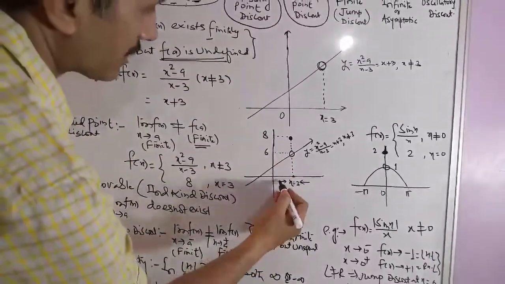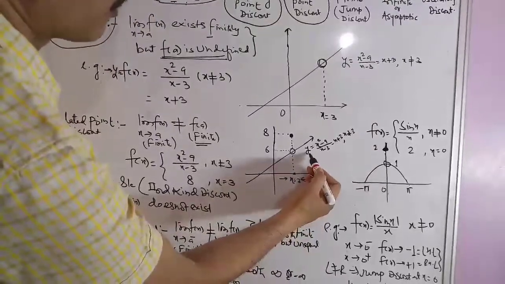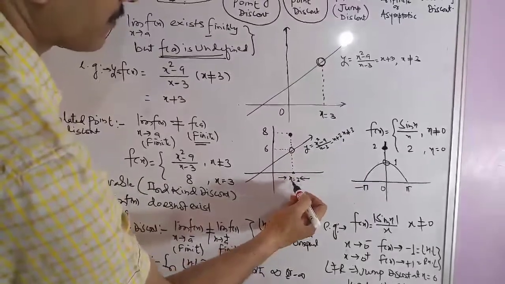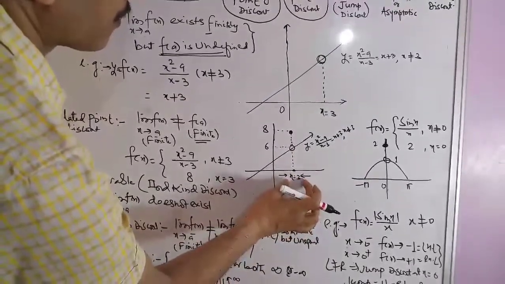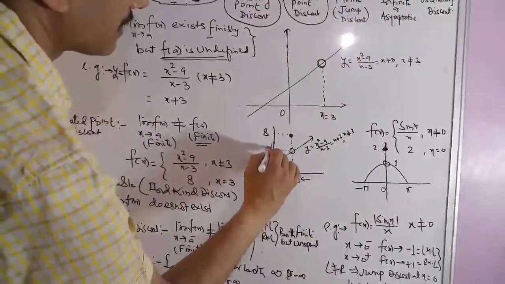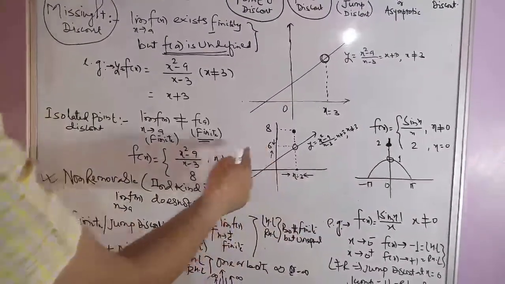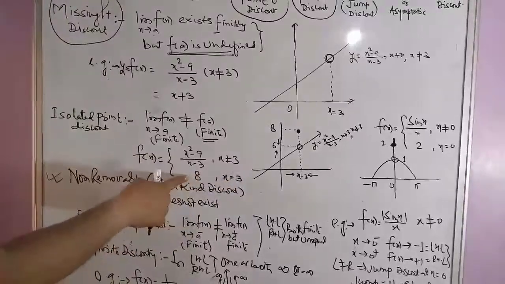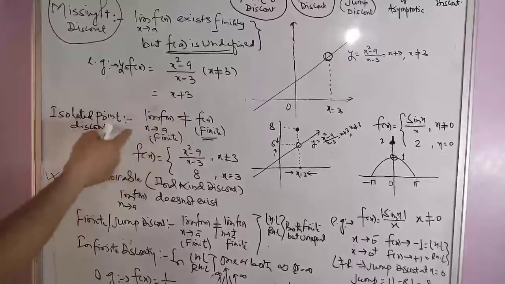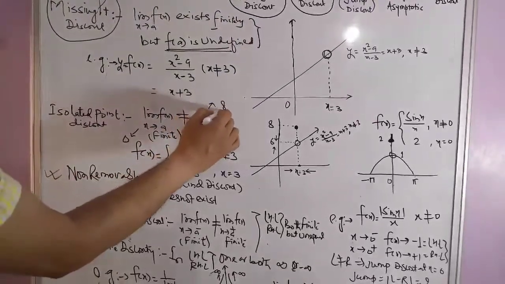We approach x from left or from right. We have value of y equal to 3 plus 3, that is 6. That is, when x approaches 3 from either side, f(x) approaches 6. Here the limiting value at x equal to 3 is 6, but the functional value is equal to 8. So the limiting value at x equal to 3 exists finitely. In this example, this is 6 and this is 8.